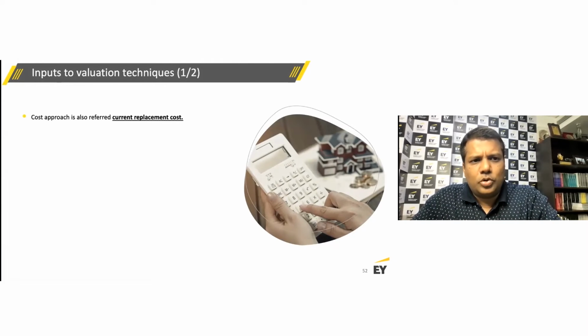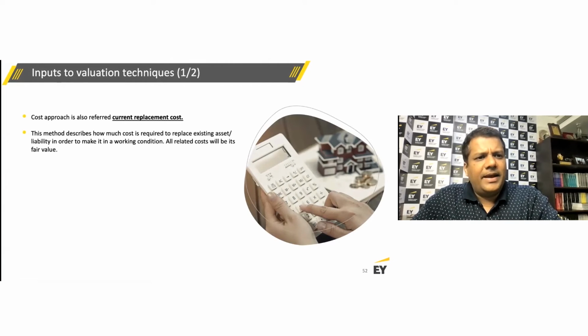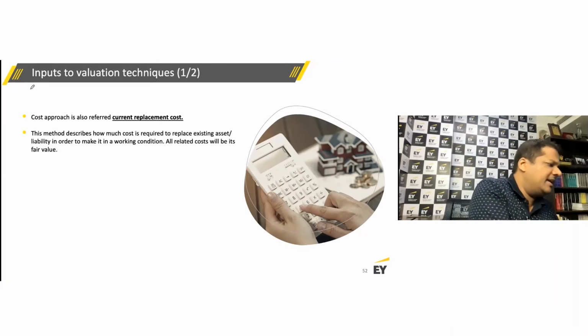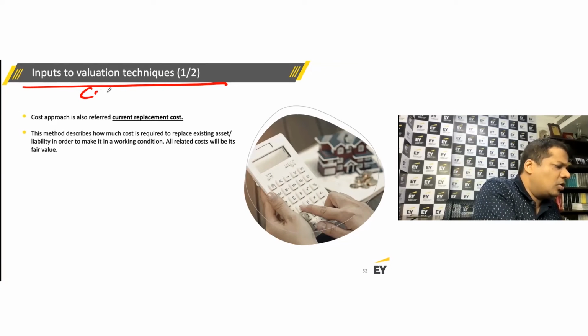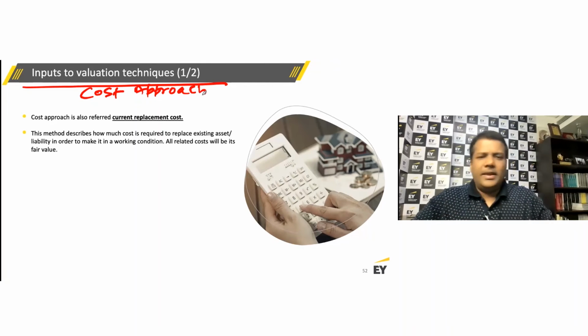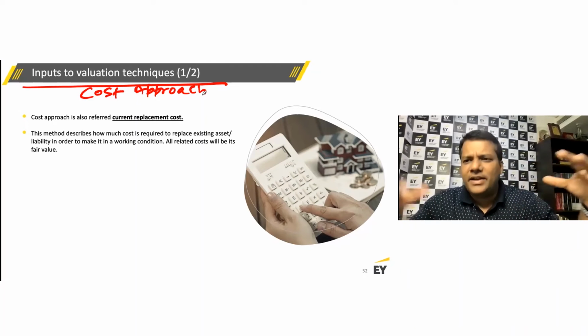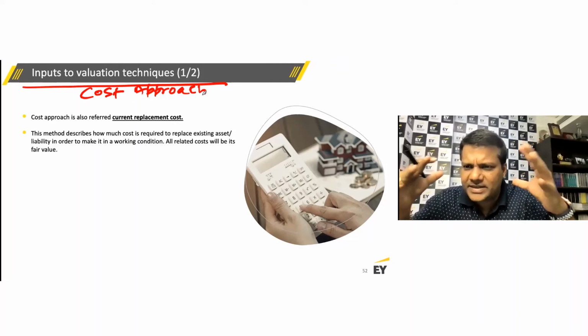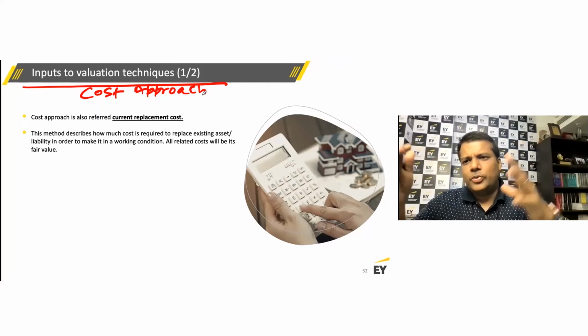And then the cost approach is also referred to as current replacement cost. We talked about the market approach, we talked about the income approach, and now we're talking about the cost approach. This is commonly used in asset-heavy or capex-heavy industries.